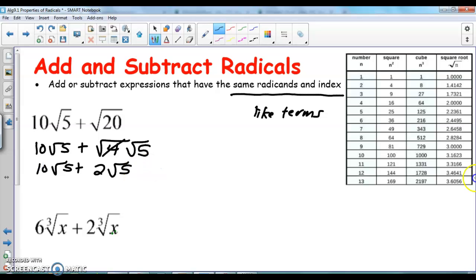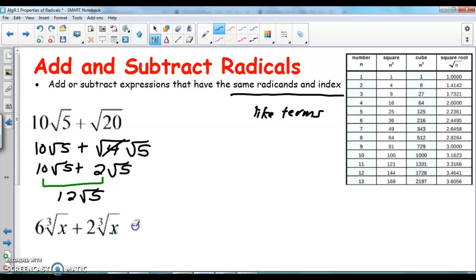So now they have the same radical expressions. They are now like terms. So you can think of this as 10x plus 2x. If you add them, it will become 12x. But here, we don't write 12x. Instead, we write 12 and then copy the same radical expression, radical 5. So this is the final answer.